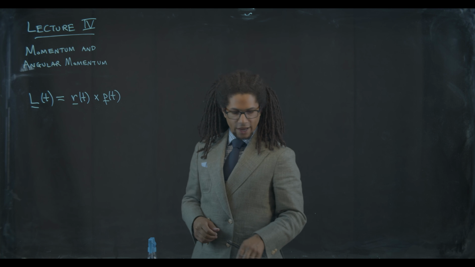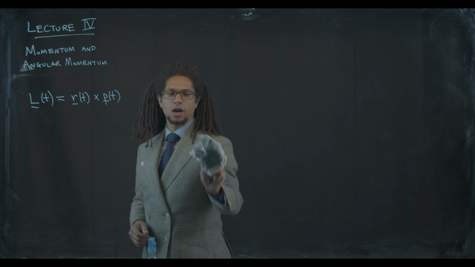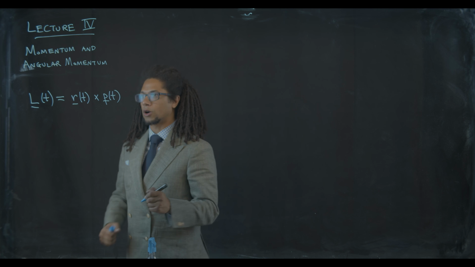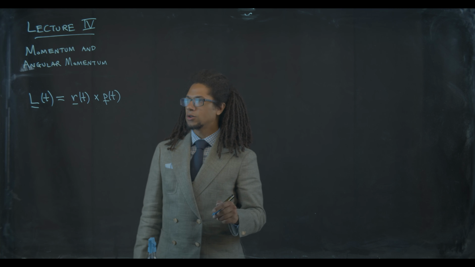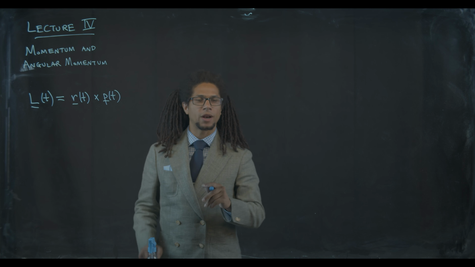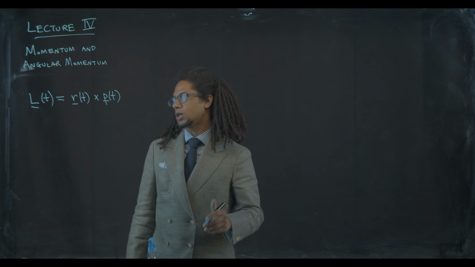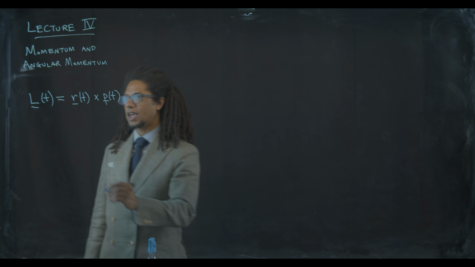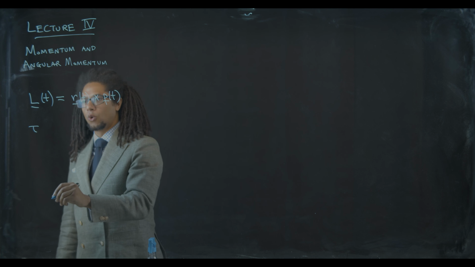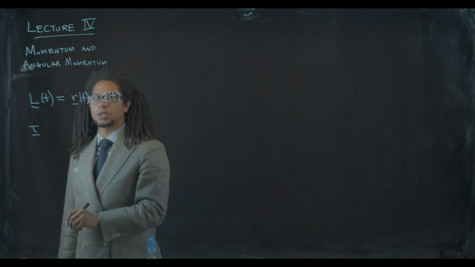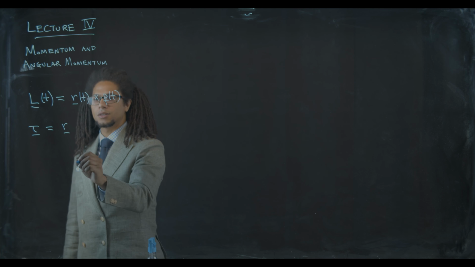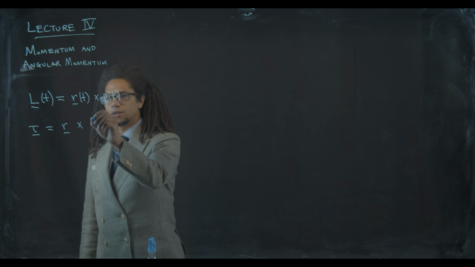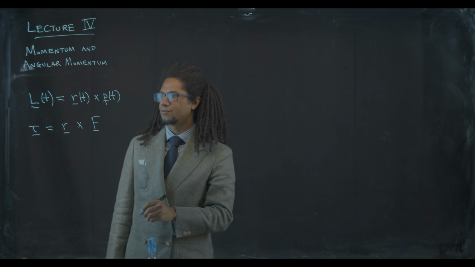In order to see why it might be useful, let's introduce another object called the torque. Now, in the textbook that I'm using in the course, Taylor uses capital gamma for the torque, but I will not do that. I'm going to use what I think is more conventional, lowercase tau. The torque on an object which is experiencing a force F is equal to the position of that object cross the force itself.